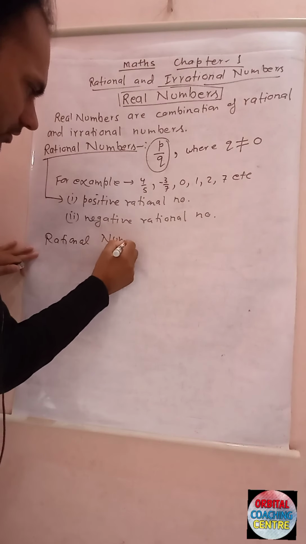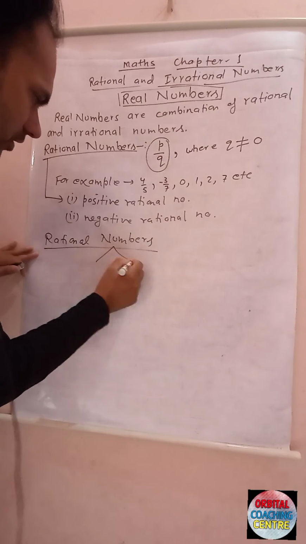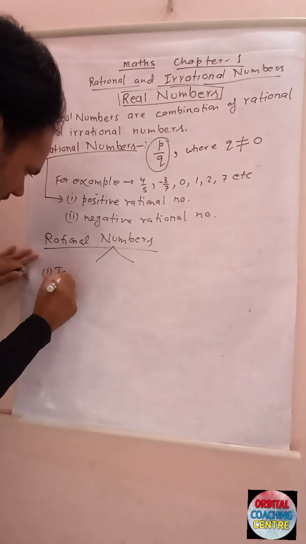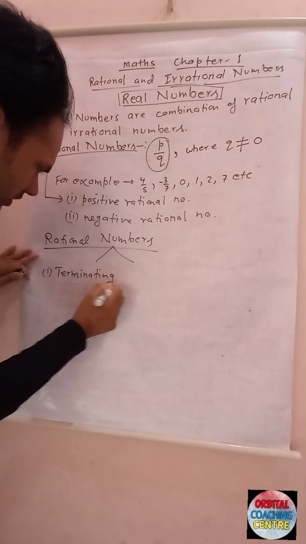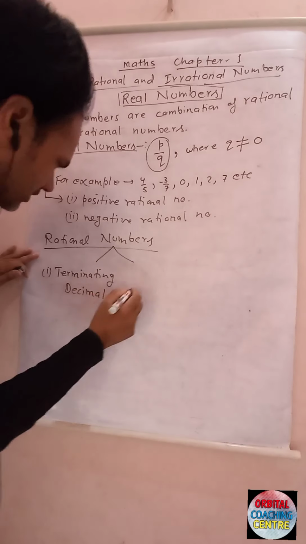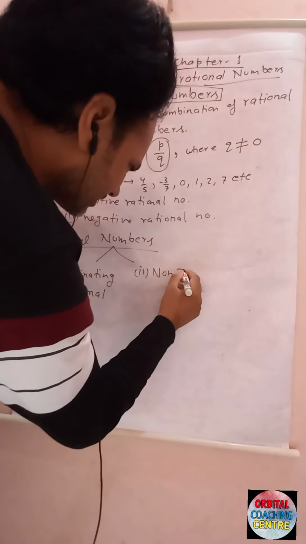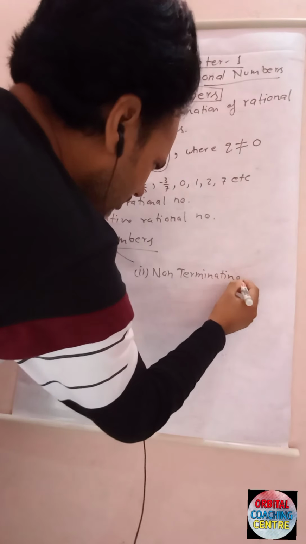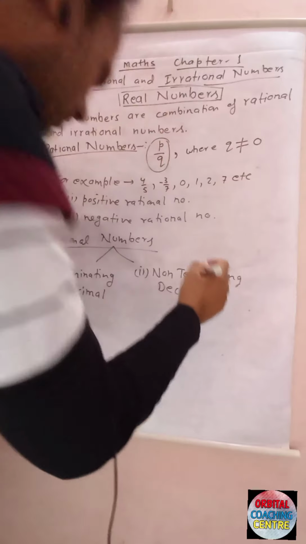Now, rational numbers can be written in the form of first, terminating decimal, and second, non-terminating decimal.